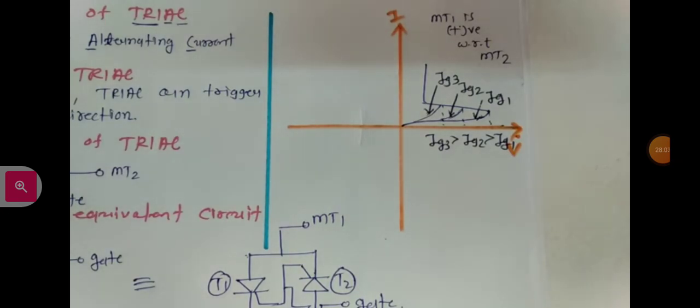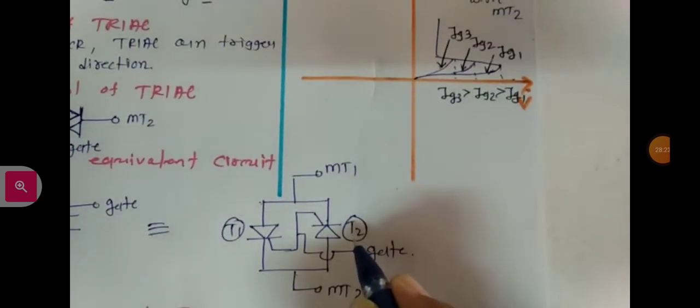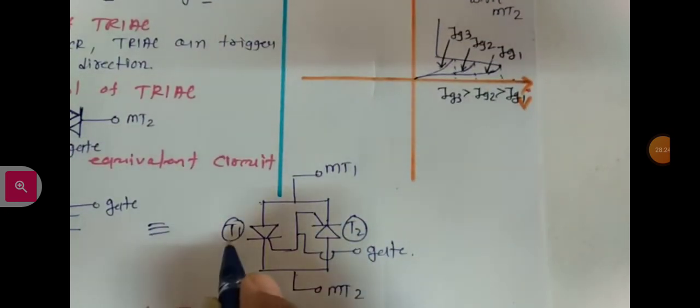Now when we talk about MT2 being positive with respect to MT1, at that time we have T2 SCR in forward bias and T1 SCR in reverse bias.